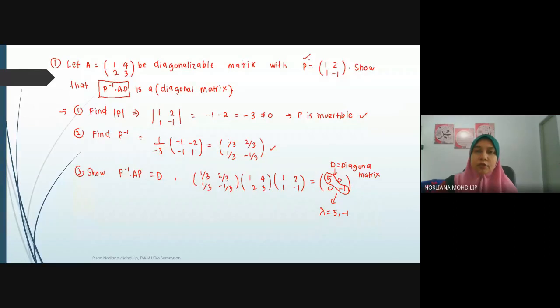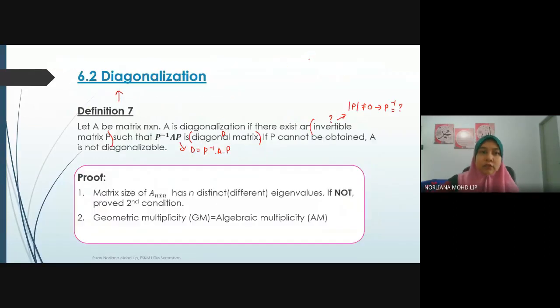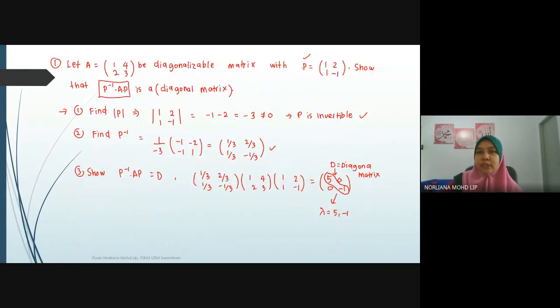If the value for P is not given, we have to prove using these two conditions. So what is actually the matrix P?